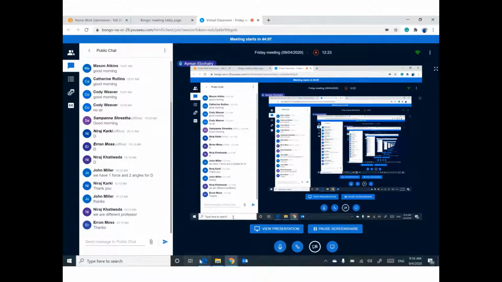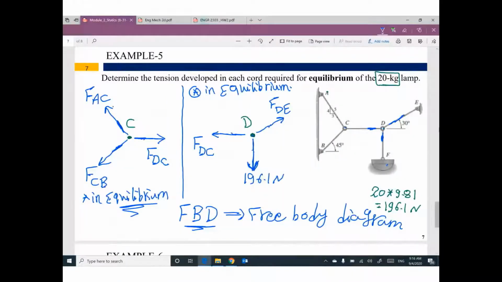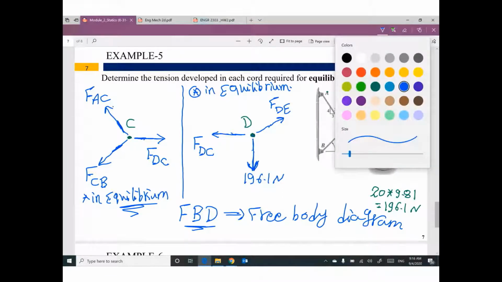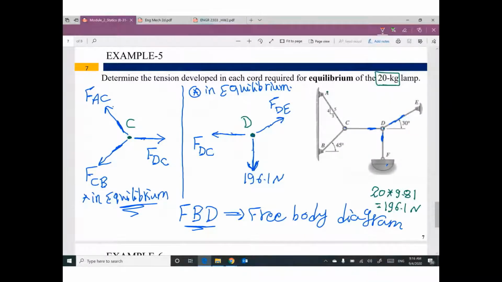Yes, guys, I will start with the joint with the least number of unknowns. I will start with the joint or particle with the least number of unknowns. For particle D, if DE is unknown, if DC is unknown, but this weight is known, we have 2 unknowns.